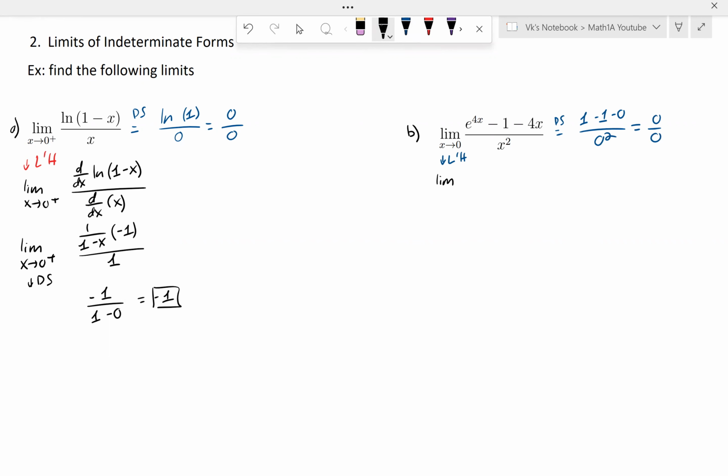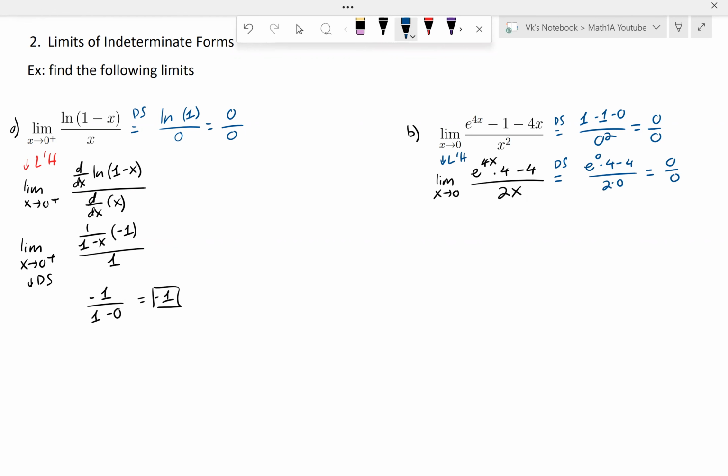Limit as x goes to 0, derivative of the top is e to the 4x times 4 minus 4, over derivative of the bottom, which is 2x. After the direct sub, we have e to the 0 times 4 minus 4 over 2 times 0. So 4 minus 4 is 0 over 0.